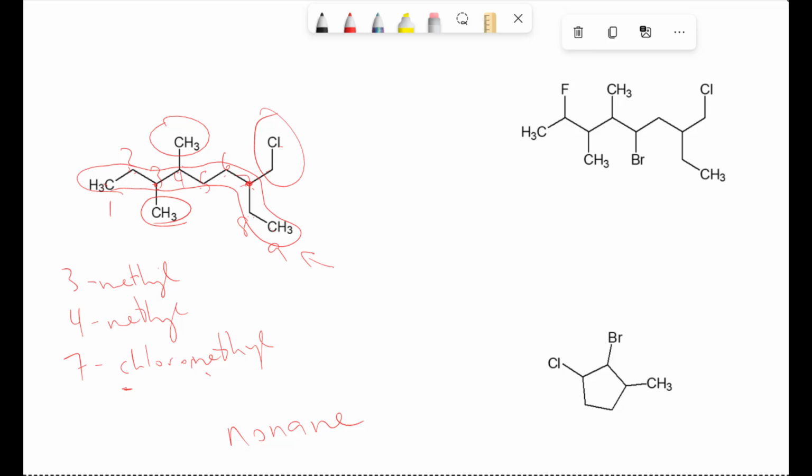So I'm going to have a 7 chloromethyl. Again, you can move this together. Usually you have a bracket if you have some more information in here, like a 1 chloromethyl, but we don't have that, so it's not truly necessary to have that bracket on there.